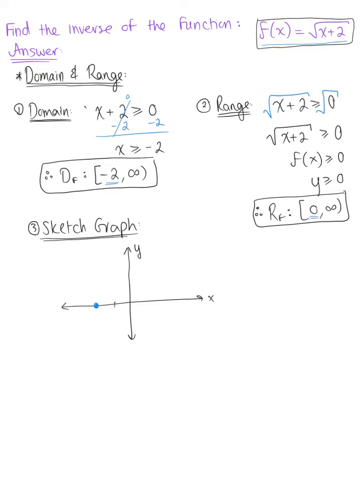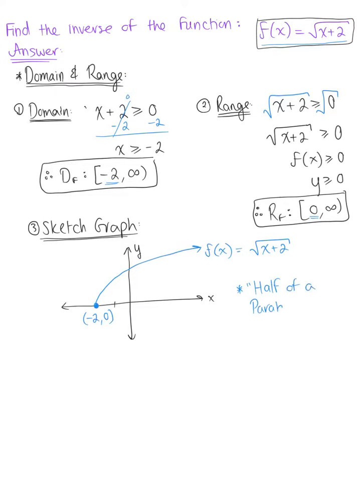The first y value is 0. So our ordered pair, our x-intercept, is negative 2, 0. So this is our given function, f of x is equal to the square root of x plus 2. We can even make a little note to ourselves that the shape of this graph is half of a parabola.